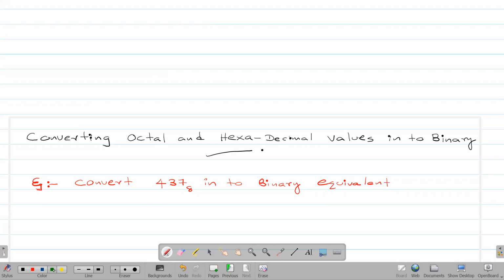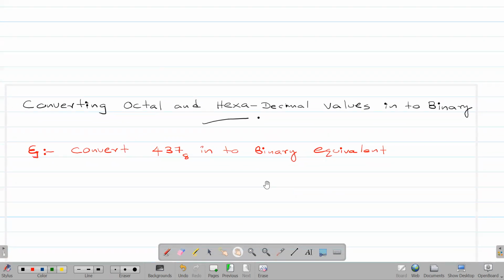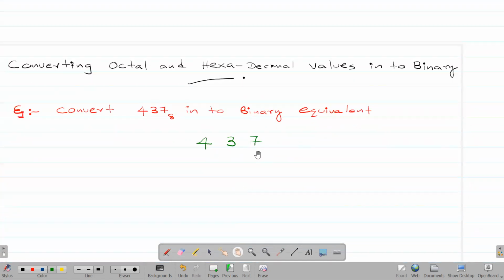Right. So in converting the octal value 437 into binary, it goes like this: 437. Now it will be written as 3-bit values. Why are we taking 3-bit values? Because 8 is equal to 2 to the power 3.